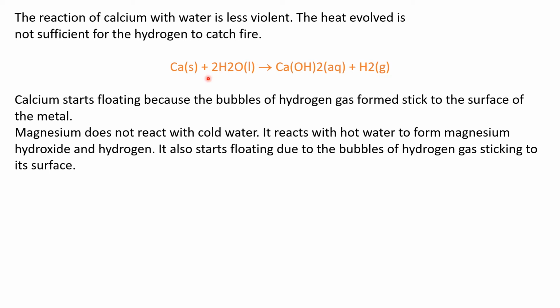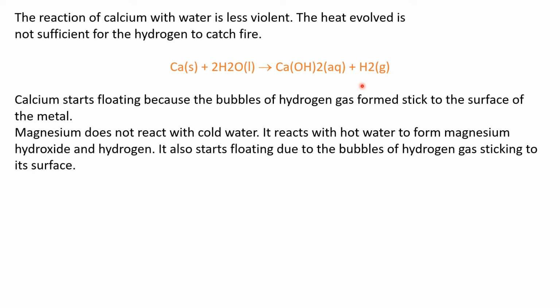Calcium starts floating because the bubbles of hydrogen gas that formed stick to the surface of the metal. During this reaction, calcium combines with water, and calcium hydroxide and hydrogen gas are released. But this released hydrogen gas cannot escape.